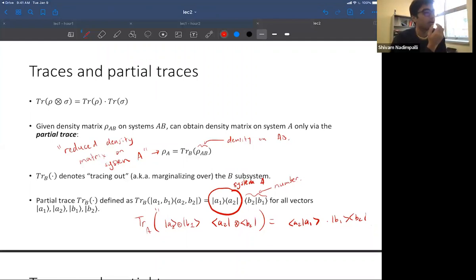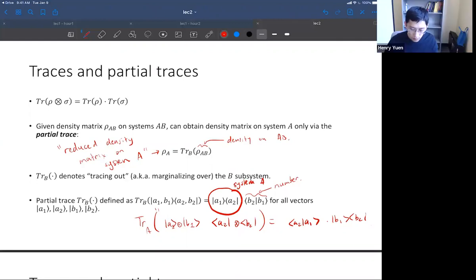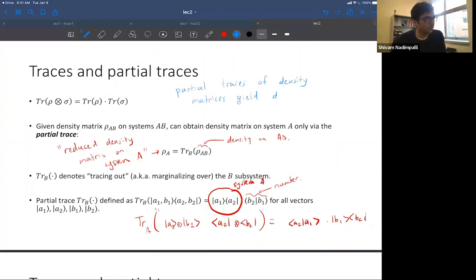If this composite system that you've described was a density matrix, then you trace it out, then the inner product of B with B would be 1, and the trace would still be 1. Yeah, maybe I'll just write a comment here. That's a good point.